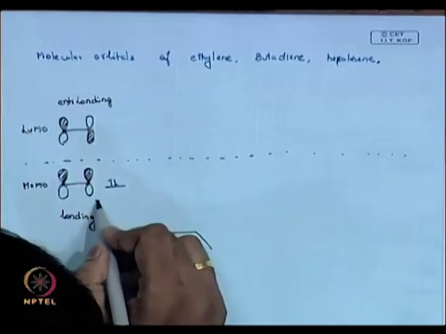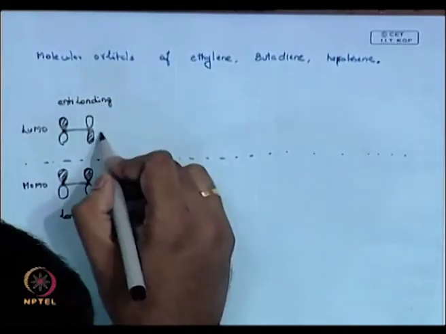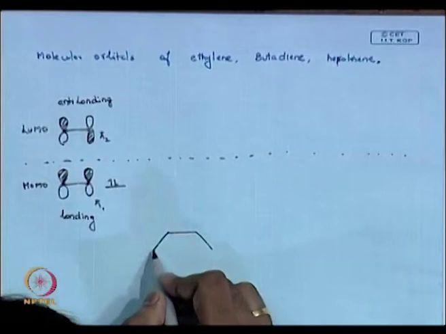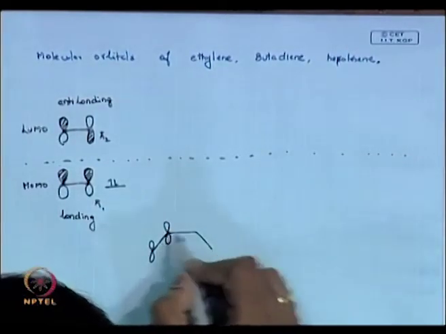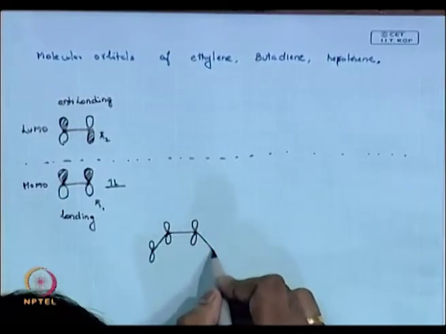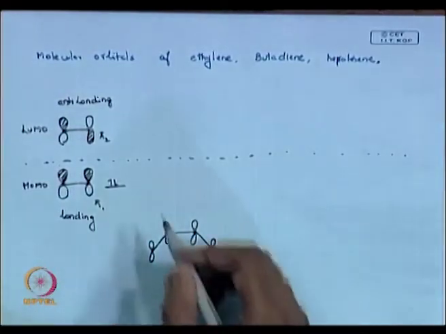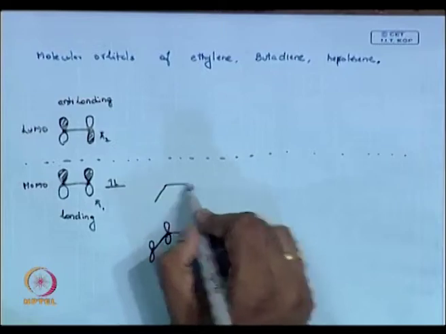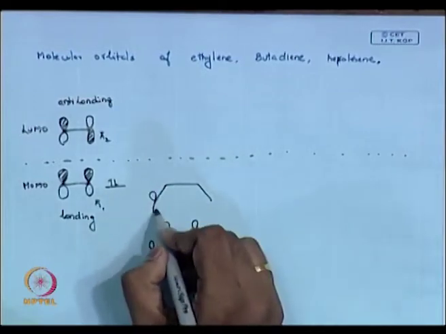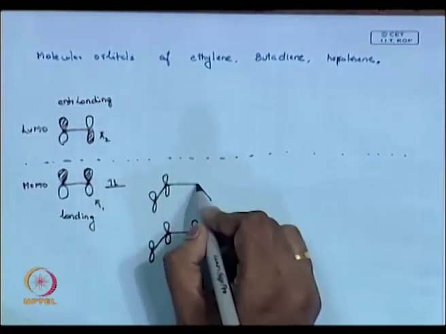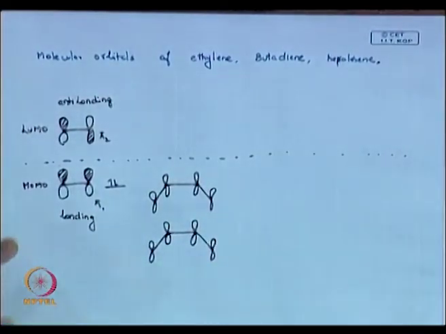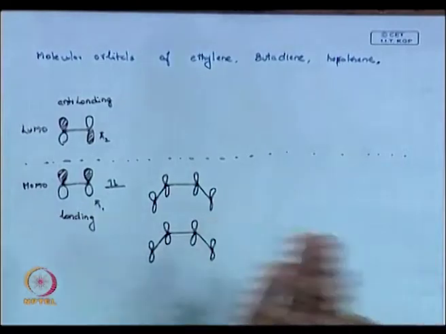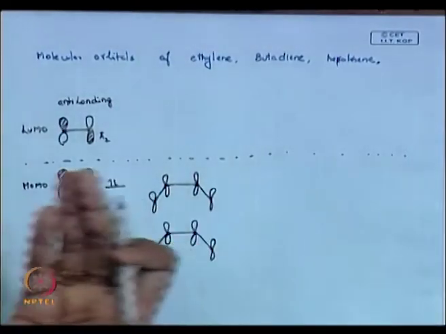You can call this pi 1 and pi 2. I want you guys to at least draw this. I have studied it, it's fine, but you can take your ethylene, you can have this combination, same phase combination.